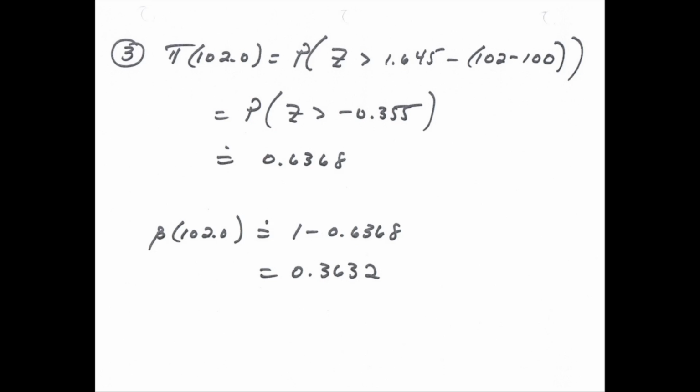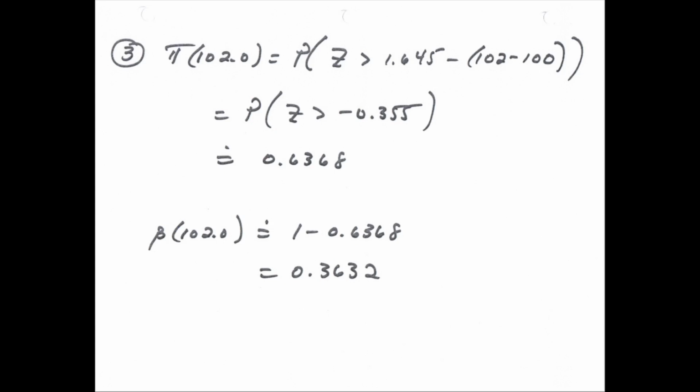And when we simplify that expression on the right-hand side of the inequalities inside the parentheses, we see that the power function evaluated at mu equal to 102 is equal to the probability that the standard normal random variable is greater than negative 0.355. And from the standard normal table, that is approximately equal to 0.6368. And so we can see that when mu is equal to 102, a little bit further into that alternative hypothesis space, the power has increased to about 64%.